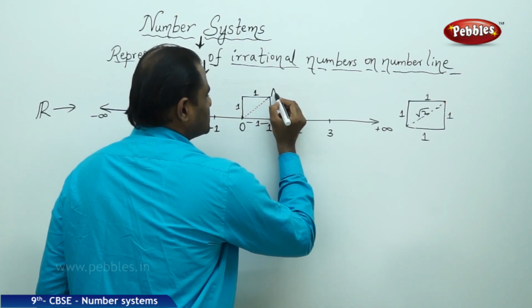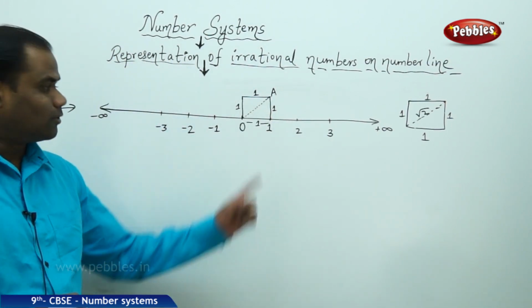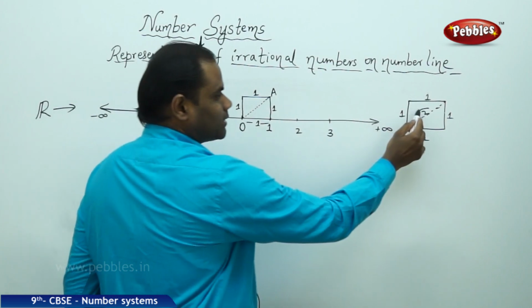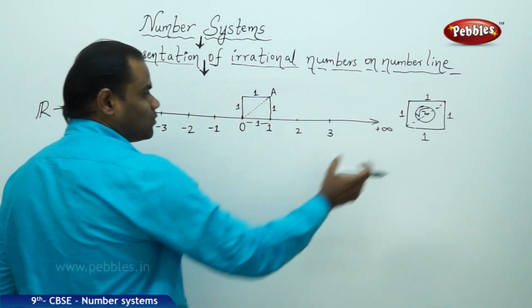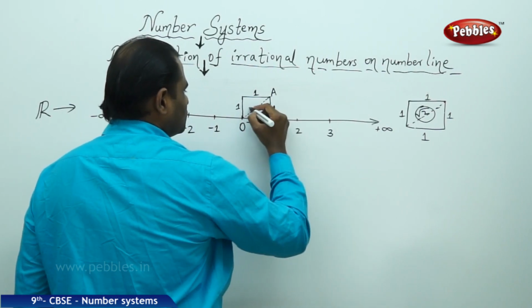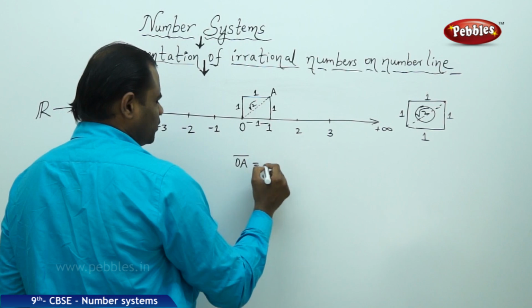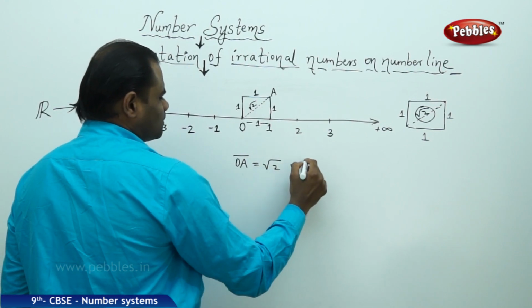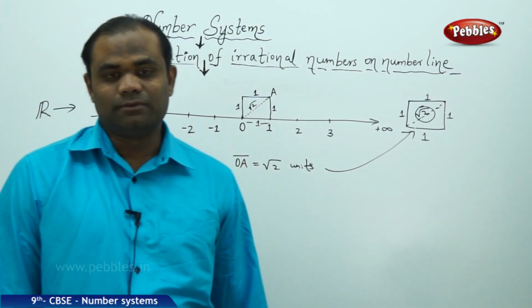Let me mark this as A. Now OA is the diagonal for this square, which we know is root 2. Therefore, I get OA equals root 2 units, using the concept of the square, which we have already discussed in the session.